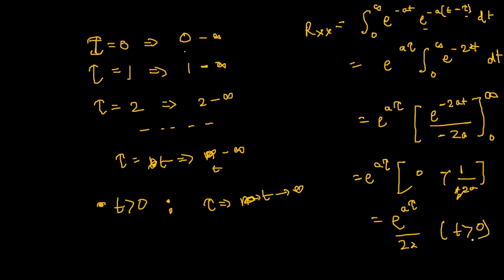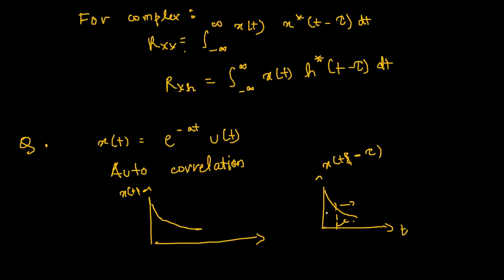Right. Now let's check the value for t lesser than 0. So you can see, at 0 the graphs are literally the same, and as you go on shifting to the left, this is a graph that stretches all the way to infinity, and this is also a graph that stretches all the way to infinity. So now let's say I move it a little to the left, to minus 1. This graph will be defined from minus 1 to infinity, and this graph will be defined from 0 to infinity.